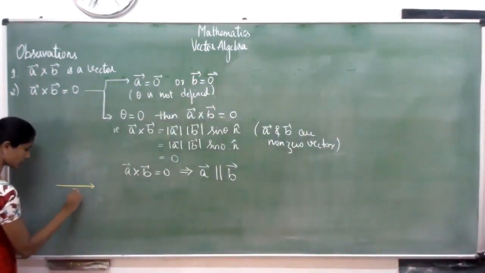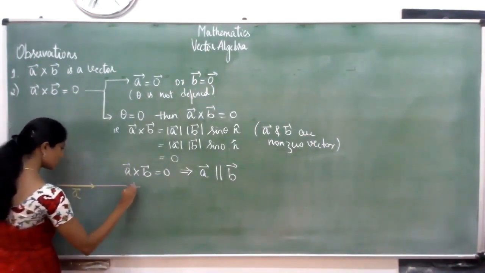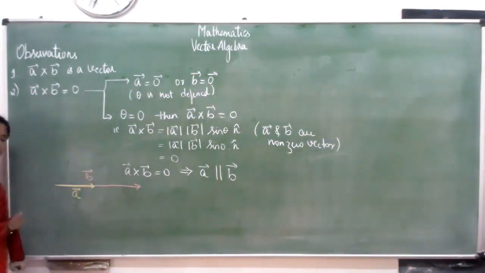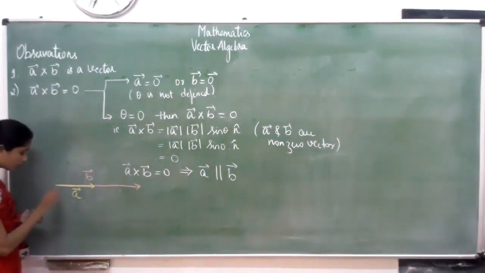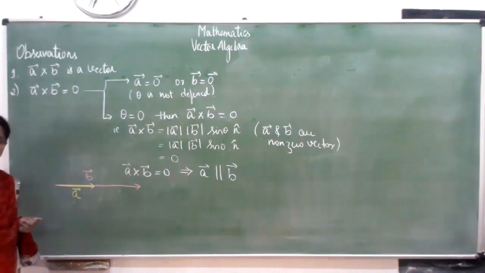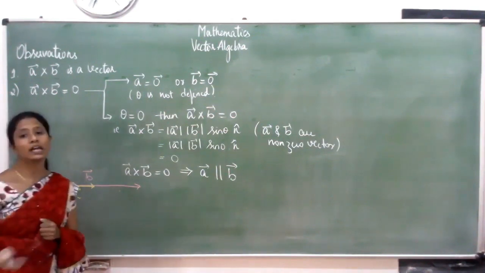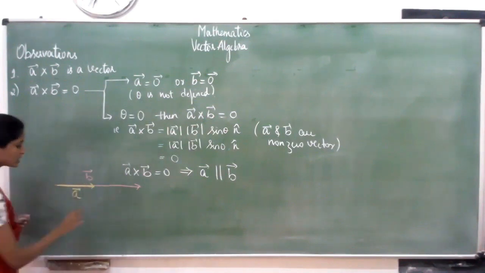So this is vector A. You have another vector, the pink arrow line which I have written, that is vector B. What is the angle between these two vectors? It is 0, but they are non-zero vectors. The angle between them is 0. So I can say that these two vectors are parallel vectors.